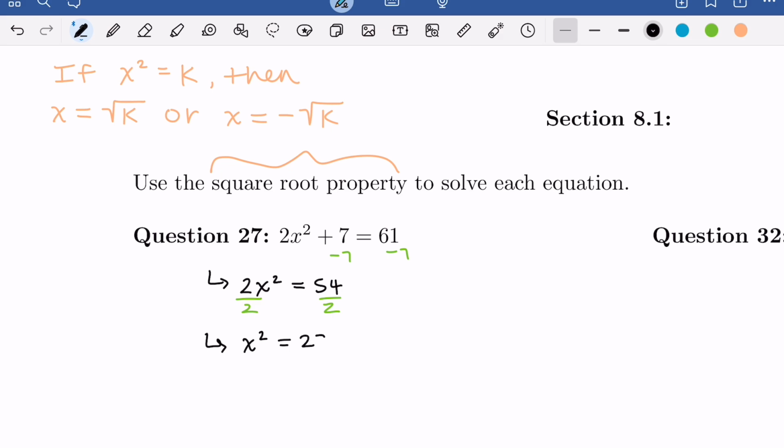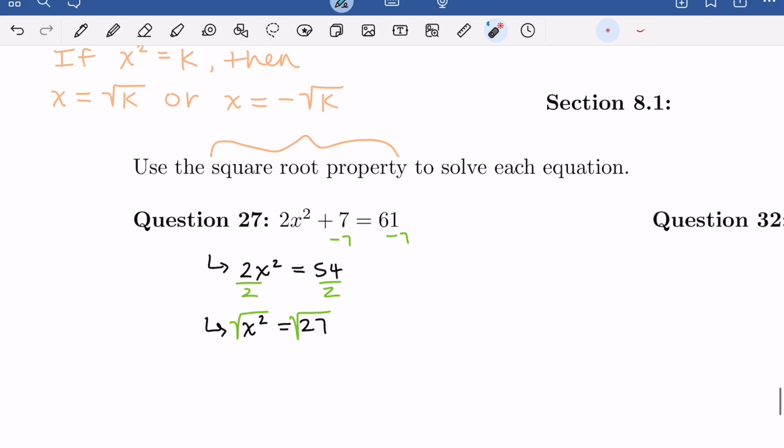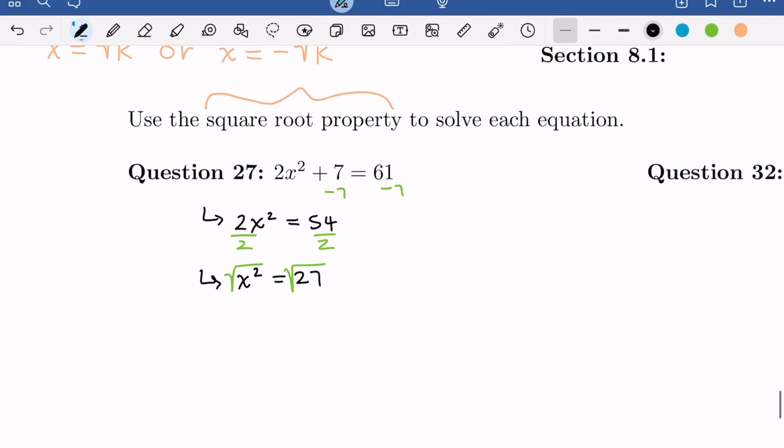So we're going to end up with this here. Now we're going to use our square root property. We'll take the square root on both sides to get rid of this square, to get x completely alone. So doing that, x is going to be equal to the square root of 27, or x is going to be equal to negative square root of 27.